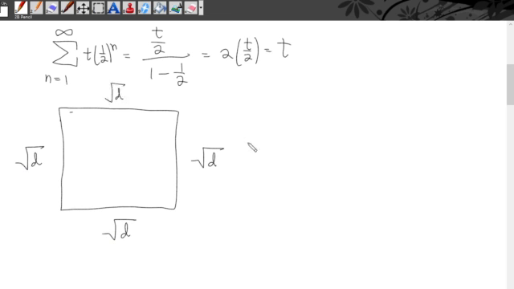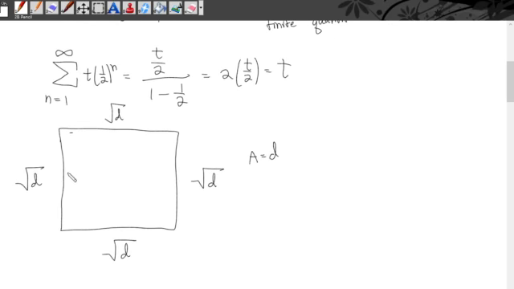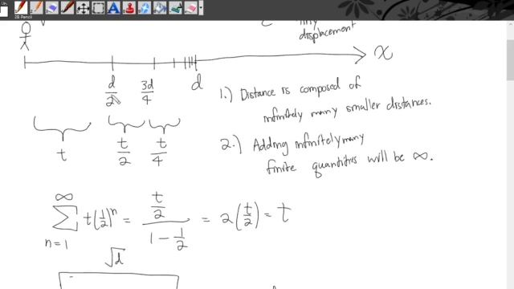Well, then we know that the area of the square should obviously just be d. And we can use the square to represent Zeno's displacement. So initially we can split this in half like this, and we know that this area would then be root d over 2, and this could represent his first trip here.